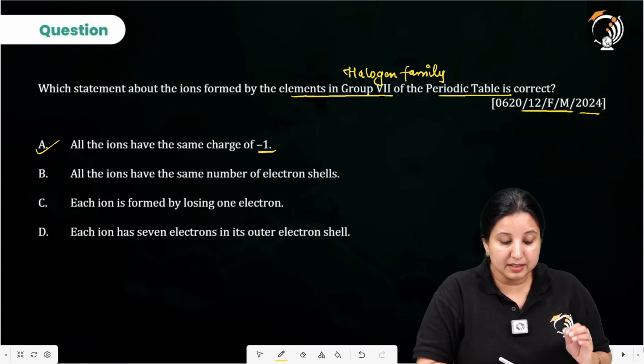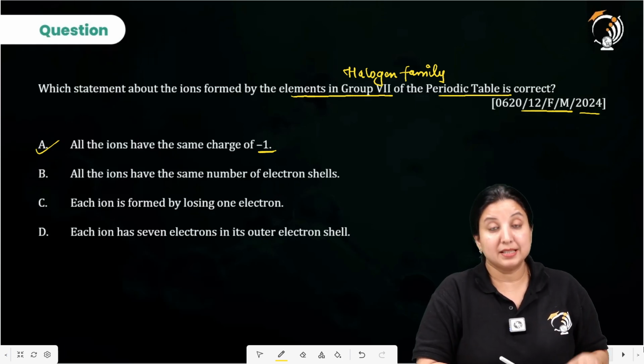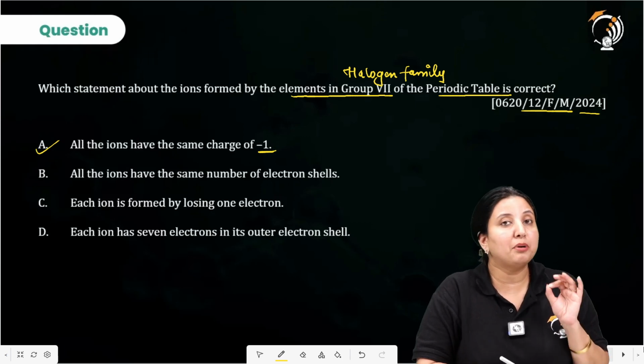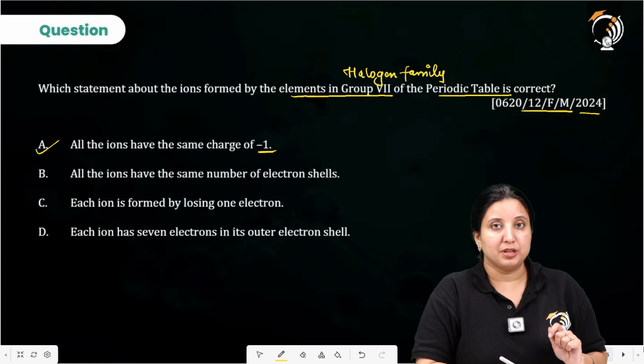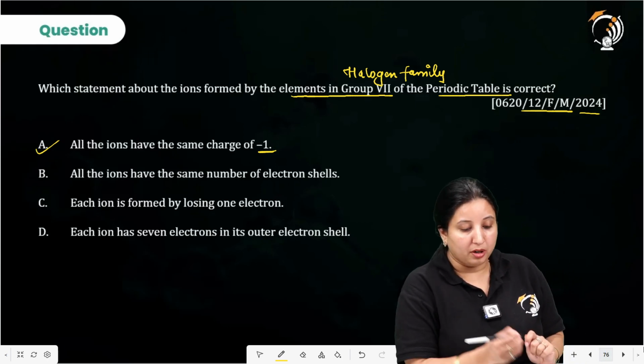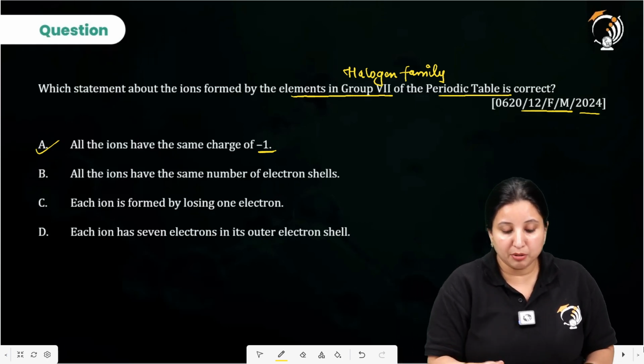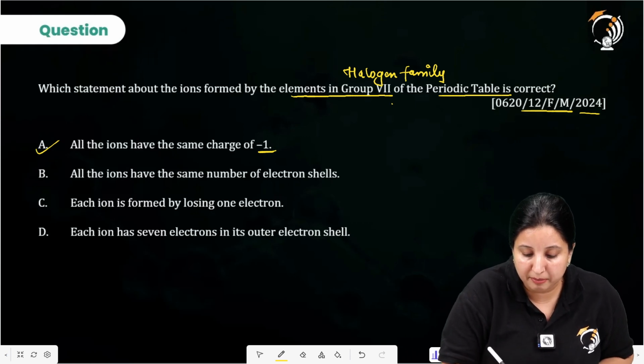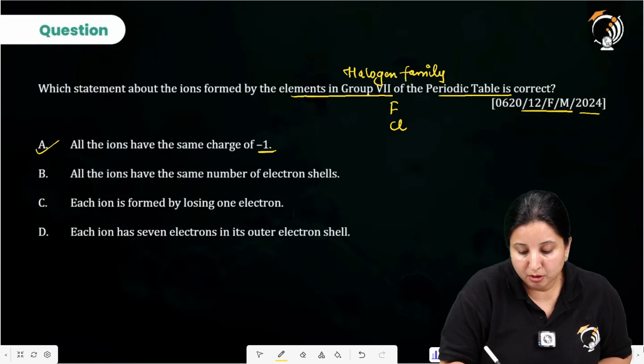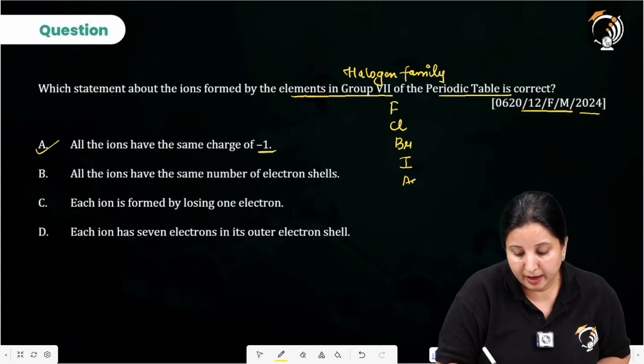All the ions have the same number of electron shells. It is not necessary that they are going to have the same number of electron shells. The reason behind it is what? If I talk about this particular family, the halogen family, it is fluorine, chlorine, bromine, iodine, astatine and tennessine.